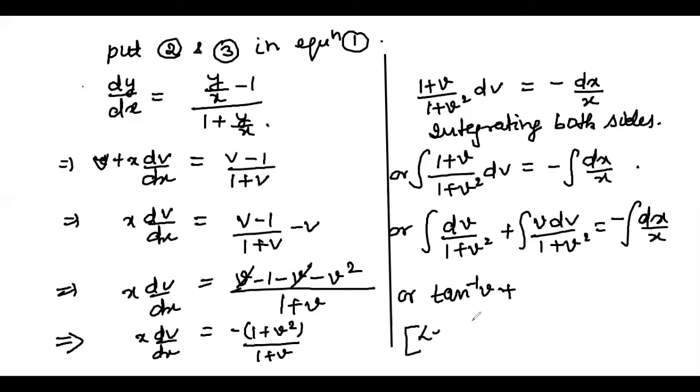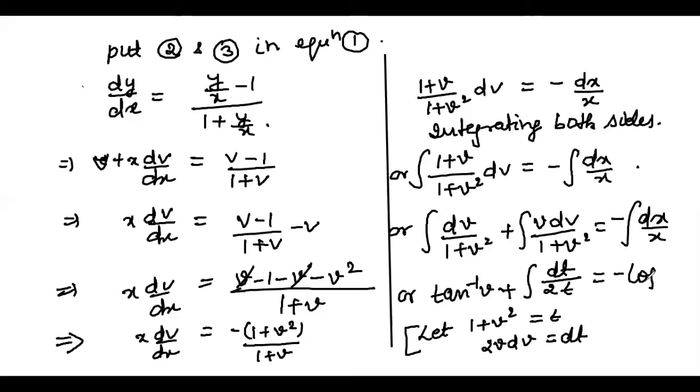Let 1 + v² = t, then 2v dv = dt, so v dv = dt/2. So (1/2) times the integral of dt/t equals −log|x|, and then we write the constant, plus c.